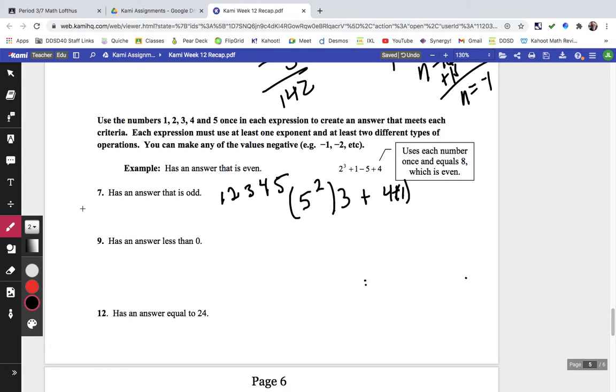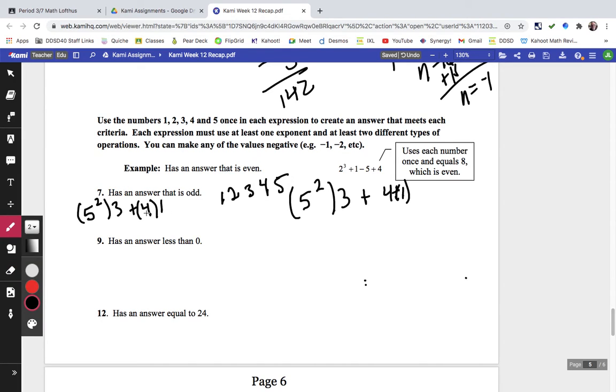Okay, so this one is 5 squared times 3 plus 4 plus 1. We're going to go back to multiply that by 1.